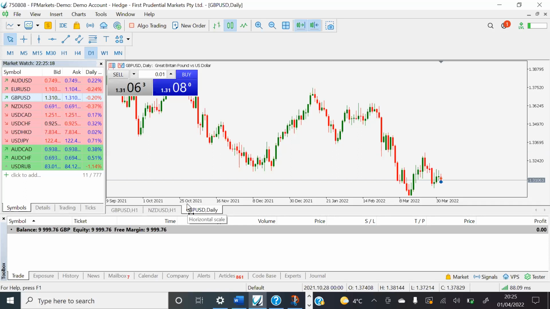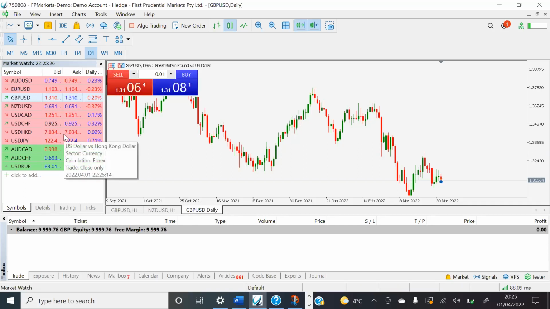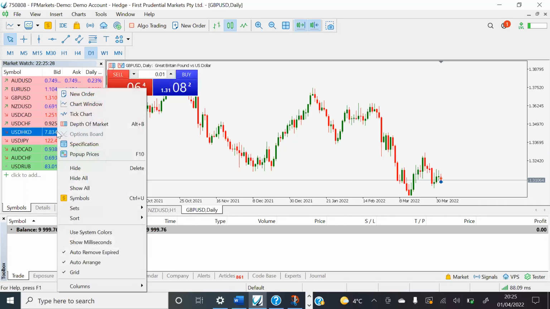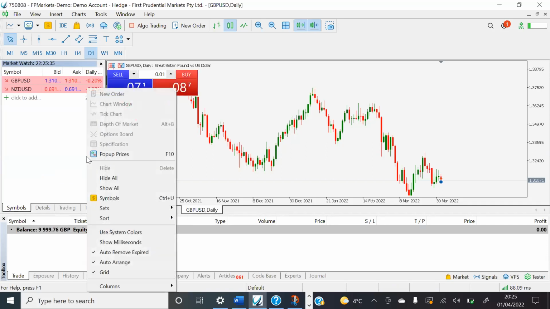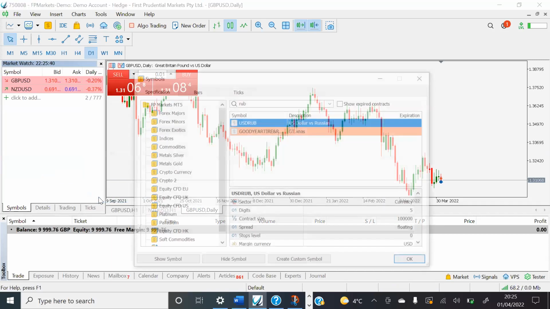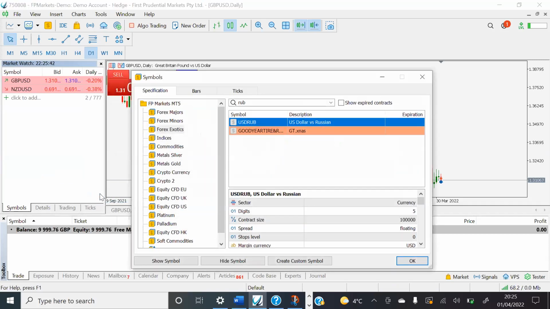Now you're going to go back to Market Watch, right click, and then click hide all. Then we're going to right click in that section there, and then go to symbols, and then go to major. Click on the majors for me.